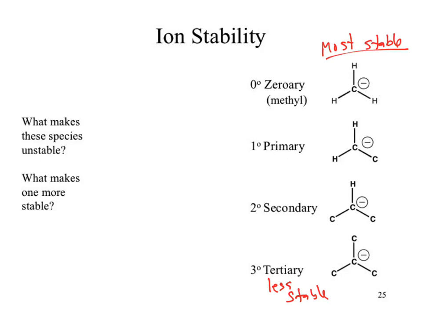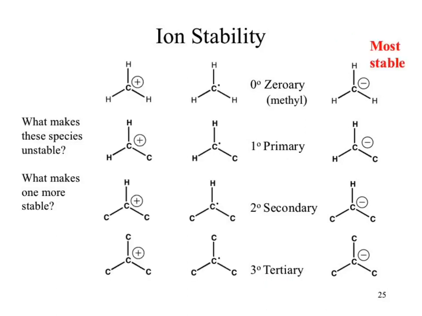Are we still using the same rules that we've been using? Charge, size, electronegativity? Yeah. It's the exact same system. It's just a question of how and when we decide to look at it. We saw this in reference back to our carbocations and ultimately our radicals. It's the same concept. It's just a different spin on the same topic.